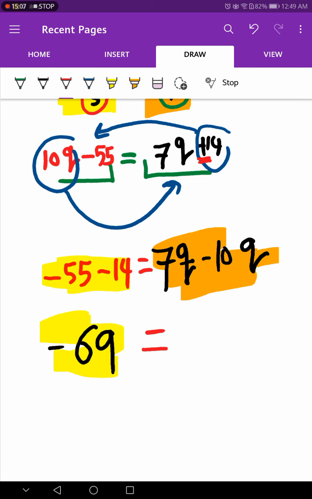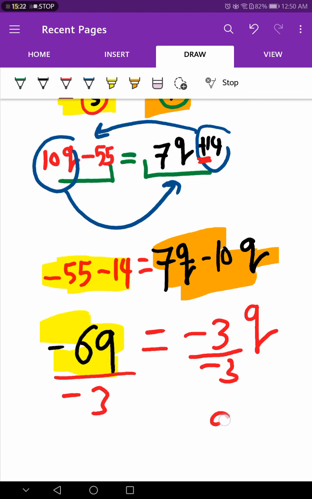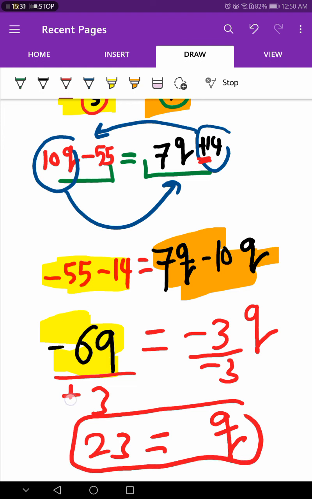I have 7, but the grocery guy wants 10, so negative 3Q. Okay, now divide by negative 3 and divide by negative 3. Q equal, if you do long division, you will get 23 without any negative sign. Why? Because this eats this. Okay, boys, so the Q equal 23.